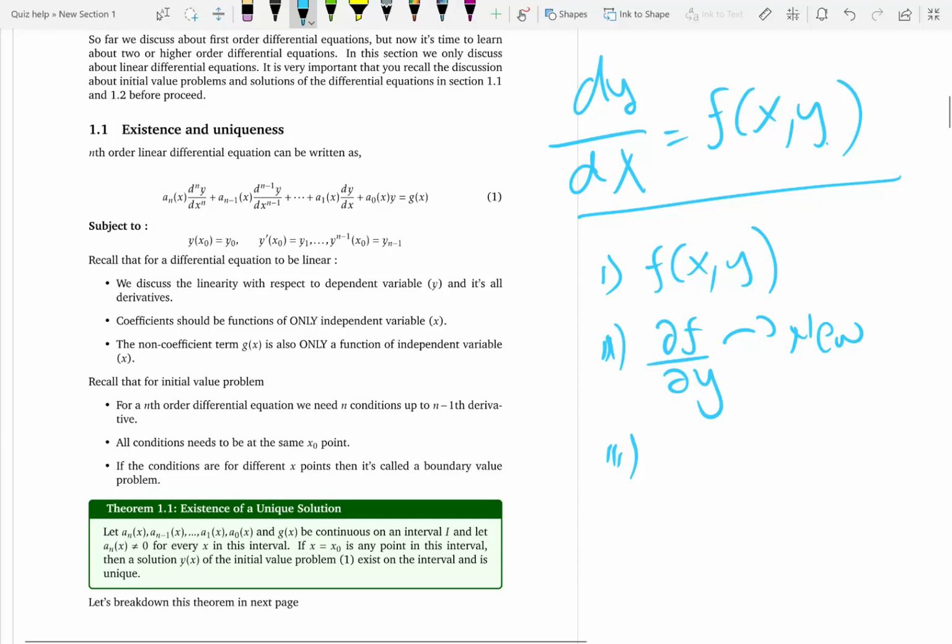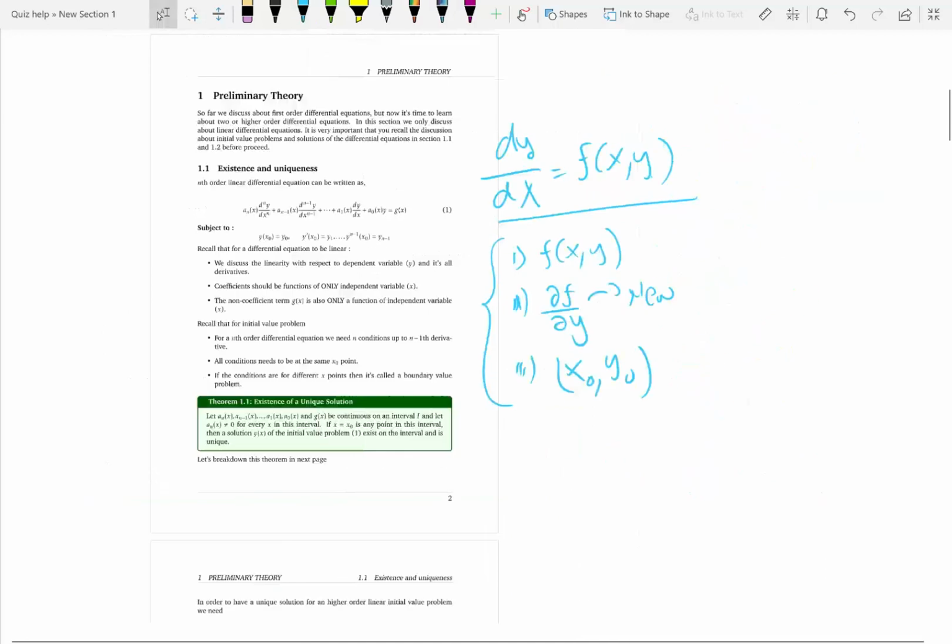If it is not continuous, you choose a different region. So you adjust the region so that f and the partial derivative of f with respect to y are both continuous. Third condition is that your region should include the initial point, the initial x value and y value. So the region that satisfies all these three conditions is the region where you are guaranteed to have a unique solution.